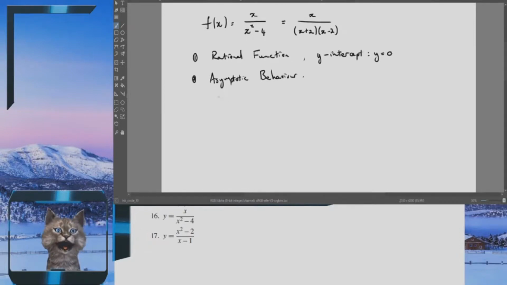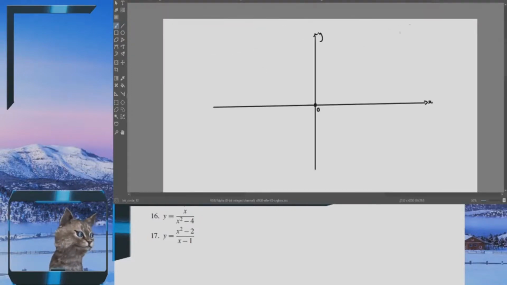And then I can see that there are vertical asymptotes, not x, not y, but x equal to 2, x equal to negative 2. That is where the function is going to be undefined in the rational function case. That means vertical asymptotes. So I have these two dotted lines indicating the vertical asymptotes at 2 and at negative 2.